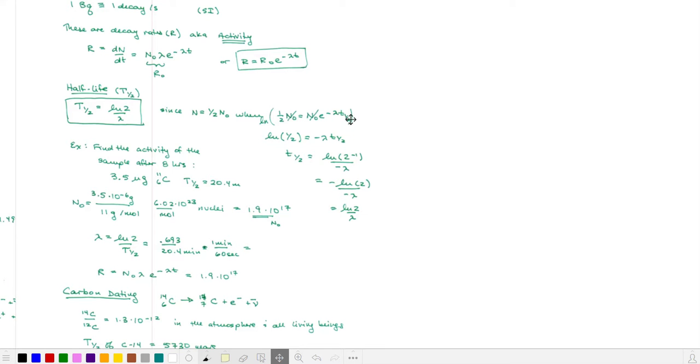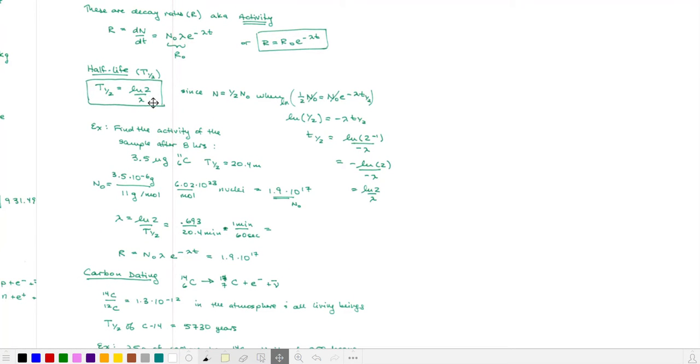I divide both sides by n naught, then I take the natural log of both sides, and you get that the half-life is log 2 divided by lambda. So this is how to relate lambda to half-life. And it's much more common to talk about radioactive isotopes in terms of their half-life, because right away it gives you a physical sense of what this means.